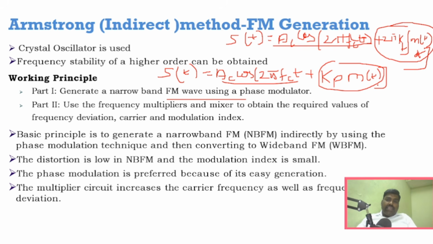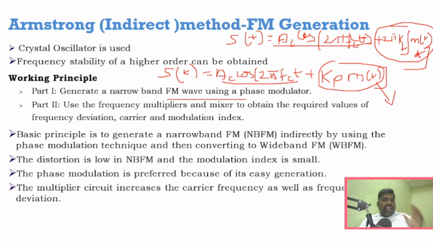Which means from this expression you can understand that by integrating the message signal and sending it to the phase modulator, we can obtain the FM wave. I repeat that, by integrating the message signal and sending it to the phase modulator, we can obtain the FM wave. Similarly, by differentiating the message signal and sending it to the frequency modulator, we can obtain the PM wave.